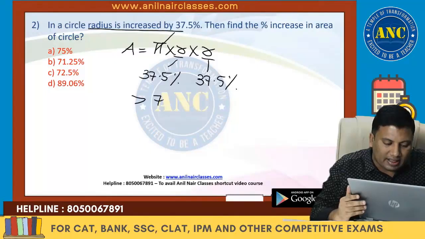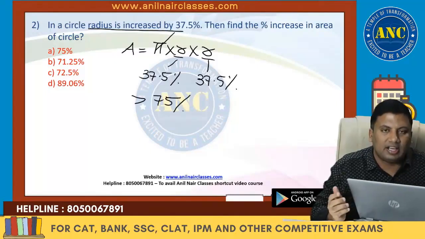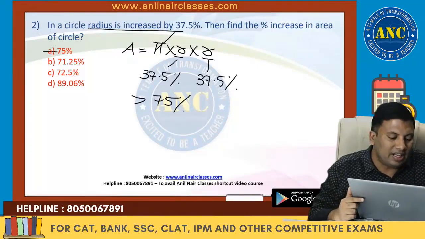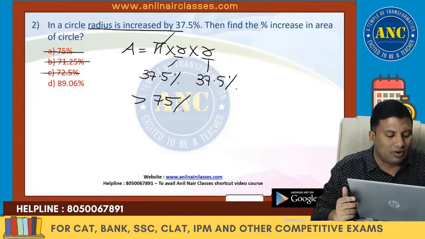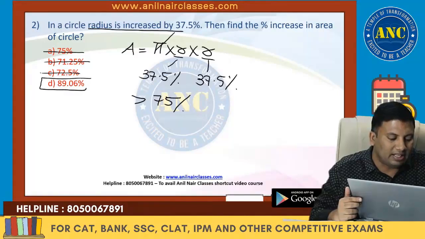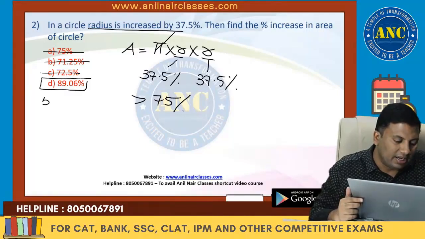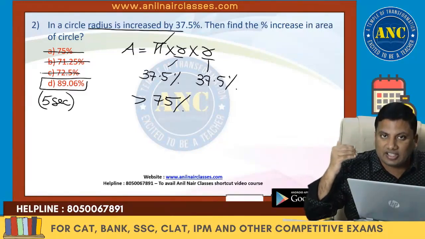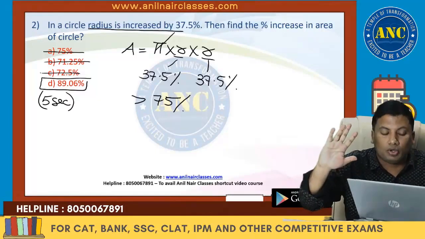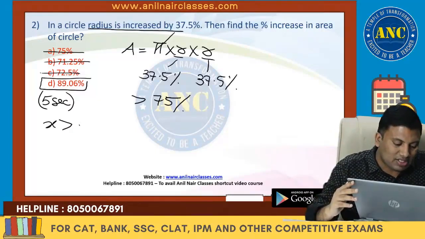Answer should be greater than 75 percentage. Yes or no? 75 out. 71.25 out. 72.5 out. Answer is nothing but 89.06. It took 5 seconds for you to solve the question. If there is more than one answer option which is greater than 75, then I will come to that question. What is the concept which I am using?